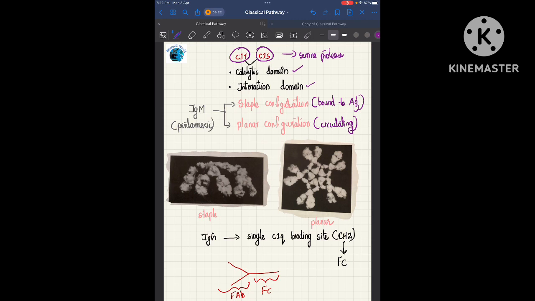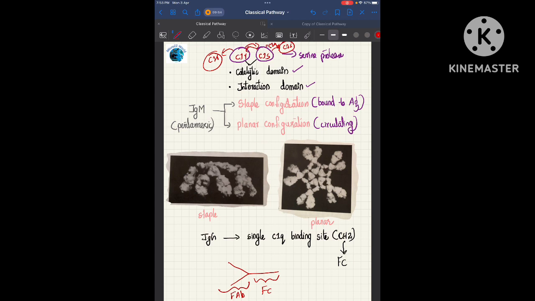With the interaction domain, this subunit C1R interacts with another C1R subunit, and C1S interacts with another C1S subunit, because there are 2 C1S, right? So this interaction is mainly with the interaction domain, and similarly C1R interacts with C1S and vice versa. Similarly, C1R and C1S both interact with C1Q through the interaction domain. So this is the function of the interaction domain.